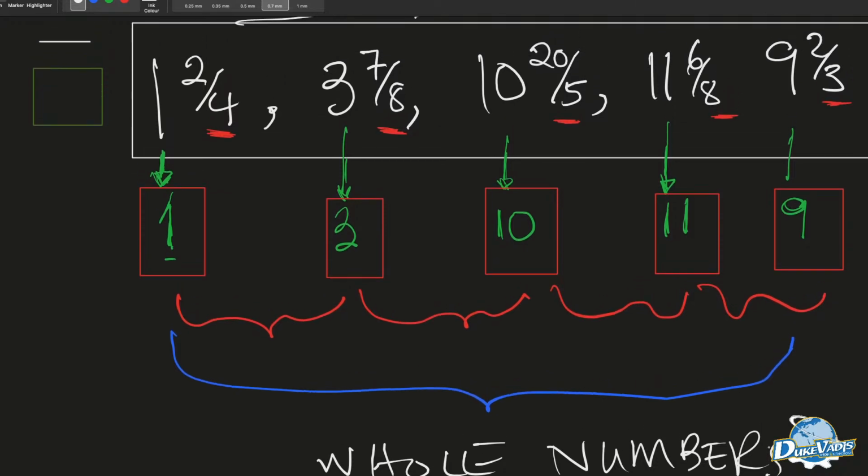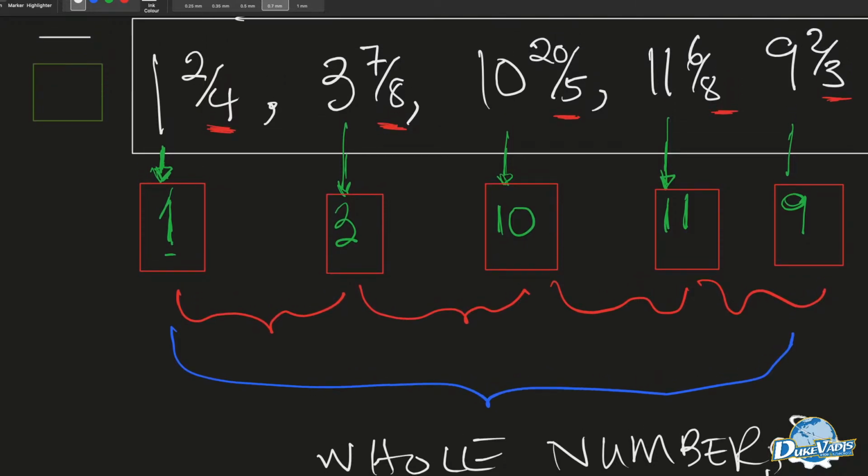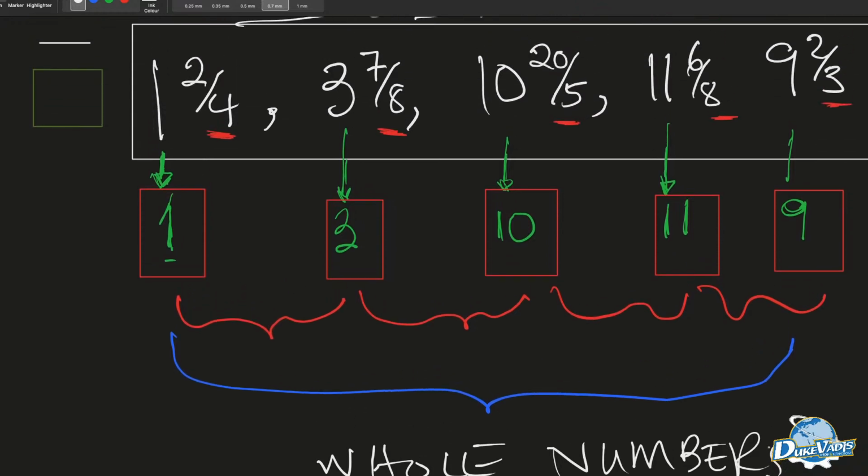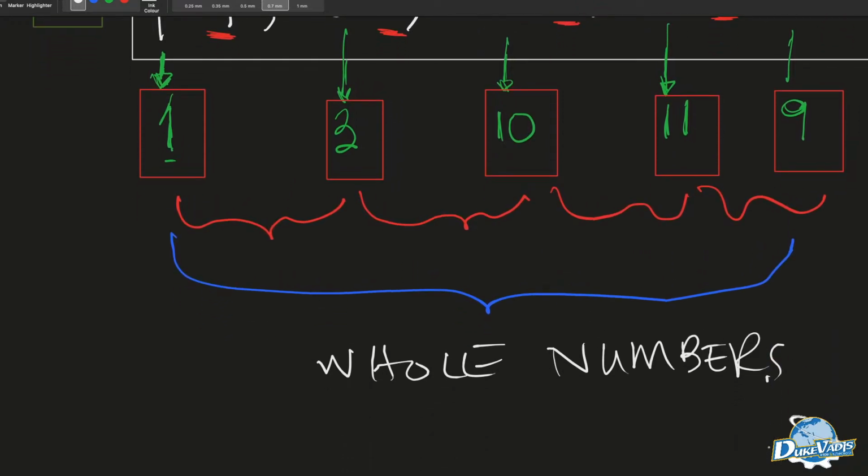So when we take 1, 2 over 4, we say 1 whole number, 2 over 4. So that's how we call this one.